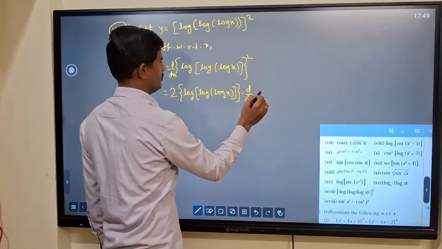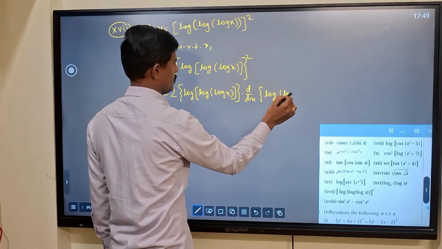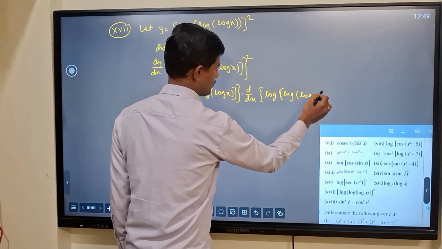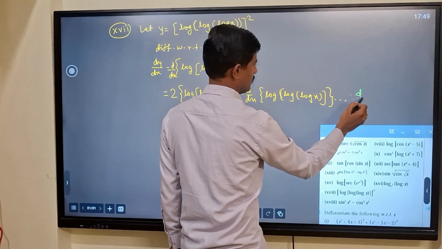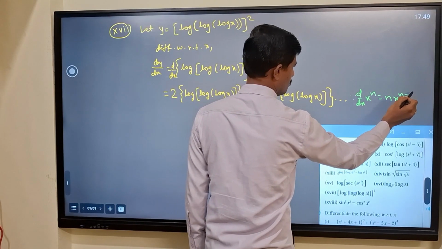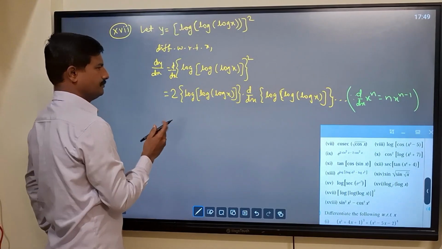Here we used the formula d/dx of x raised to n is n x raised to n minus 1. That's why this 2 minus 1 becomes 1.